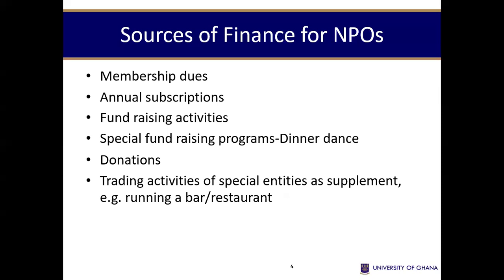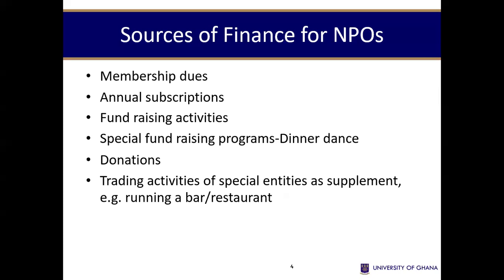As mentioned, apart from their core business, there are other activities that they may engage in. For instance, if it's a tennis club, they could have a small restaurant there and people may come in to take some water, some juice to freshen up.